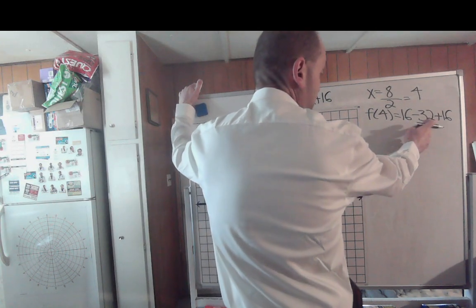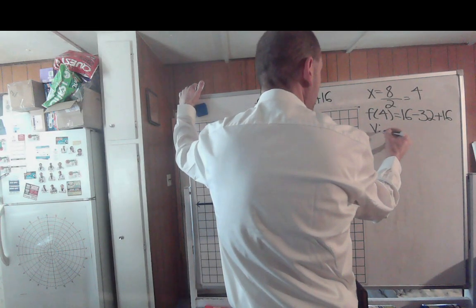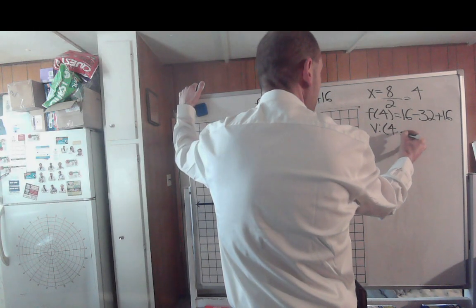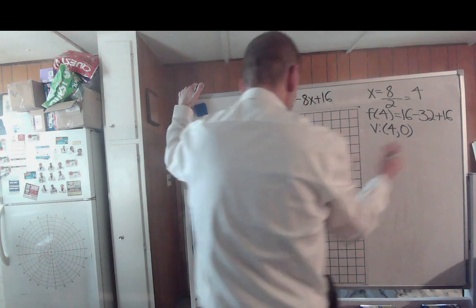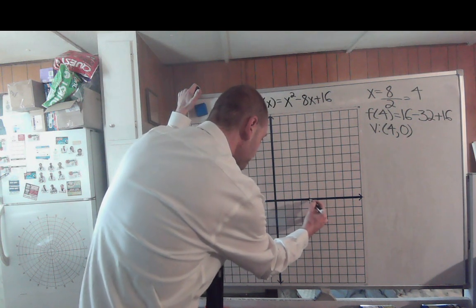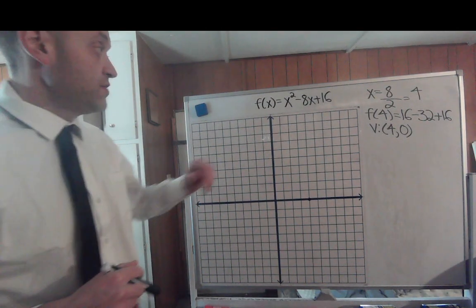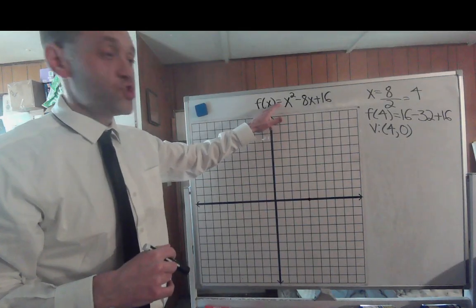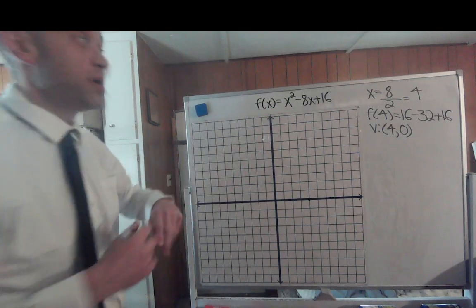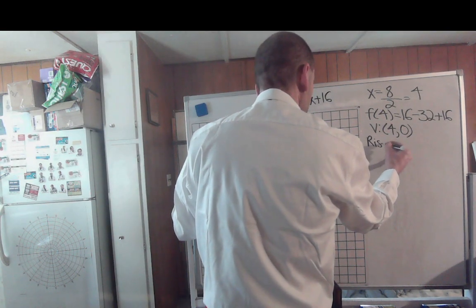Well, 16 minus 32 is negative 16, plus 16 is 0, so your vertex can actually be found at the point 4, 0. So here's your vertex. Now what about your end behavior? The coefficient on this function is a positive 1, so it's going to rise to the left and right.